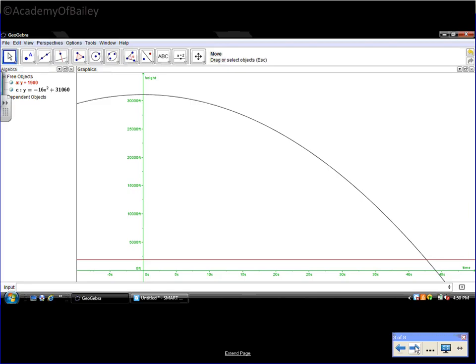If you look at the graph here, the graph shows two lines. You have a black line and a red line. The black line is a quadratic function.